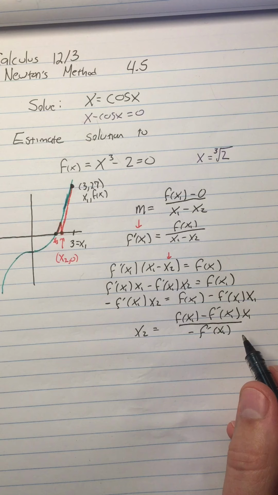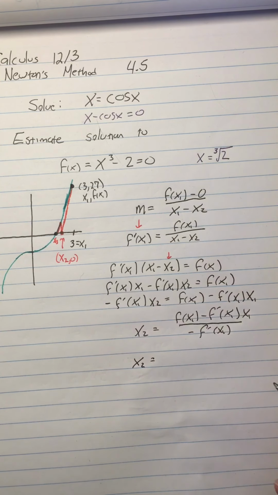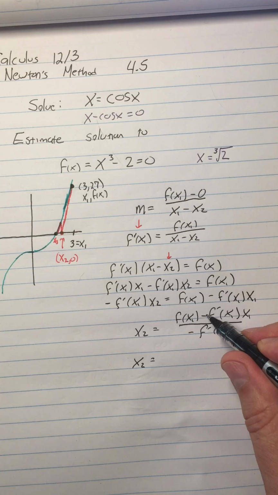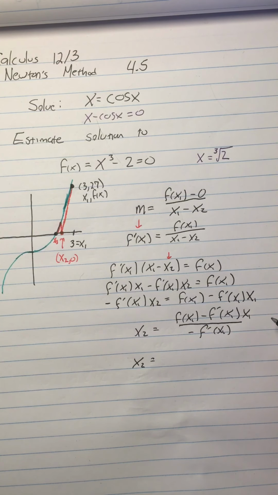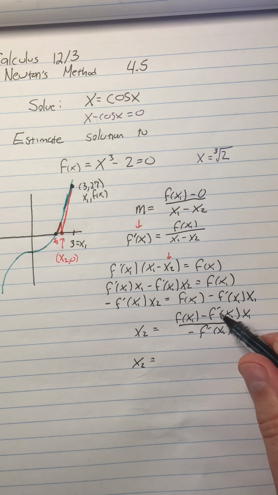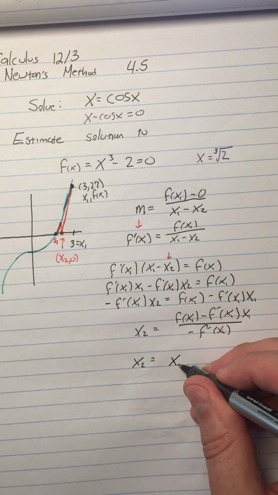Then we're just going to rewrite this a little bit. So we have our x2 is going to equal, because I have this minus sign in the numerator, I can separate this into 2 separate expressions, and I'm going to put this one first and reduce it. The negative f prime of x1 cancels in this term and we just have x1 left.